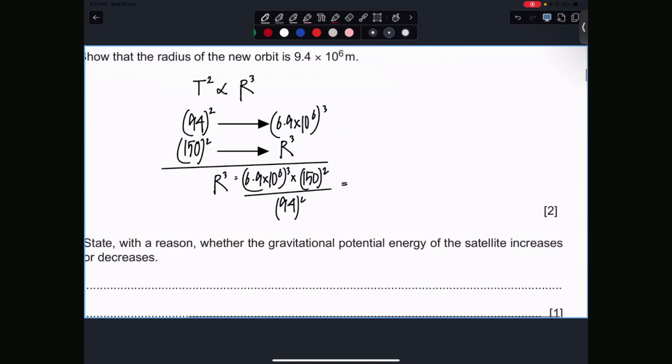Completely different. Did you cube root it? Yes, squares and cubes. 9.4 into 10 to the power 6. Yeah.